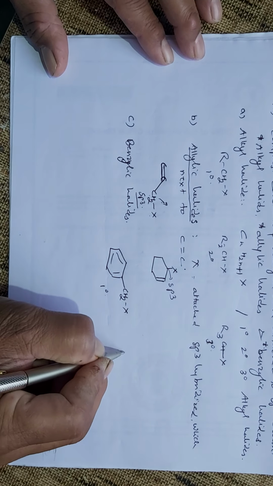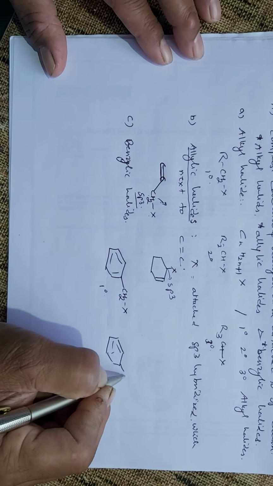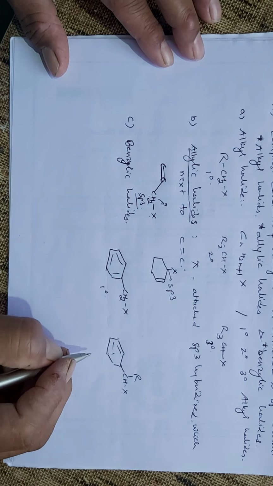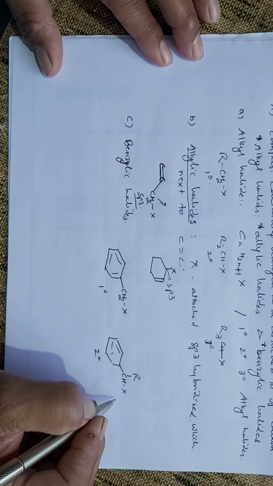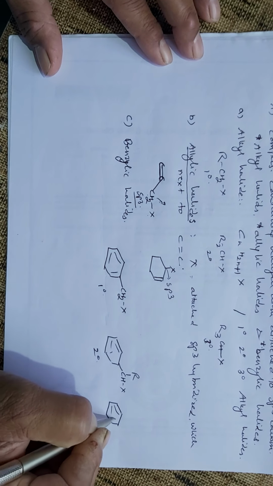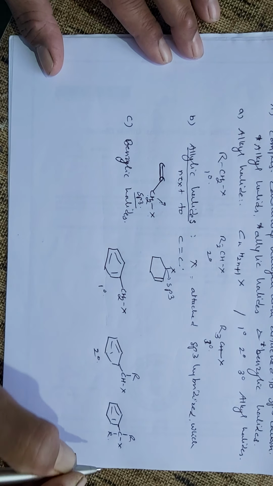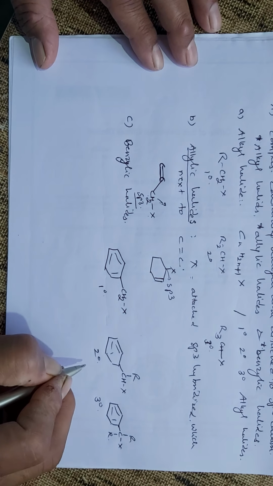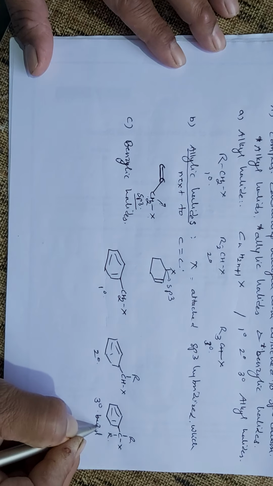We can get primary, secondary and tertiary carbon atoms in this molecule. So here you will have RCHX, the secondary benzylic halide, and here this is your tertiary, in which it is attached to different alkyl and aryl groups. So this is your tertiary benzylic halide, primary benzylic halide, secondary benzylic halide and tertiary benzylic halide.